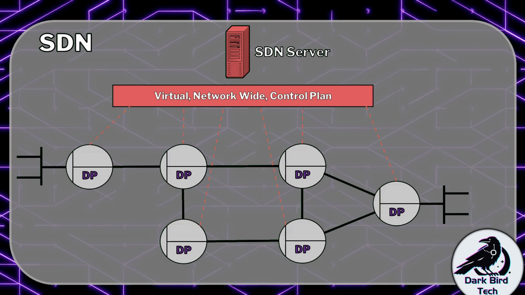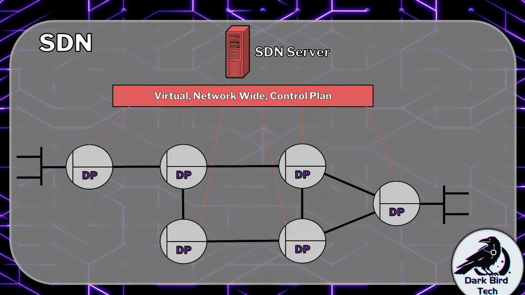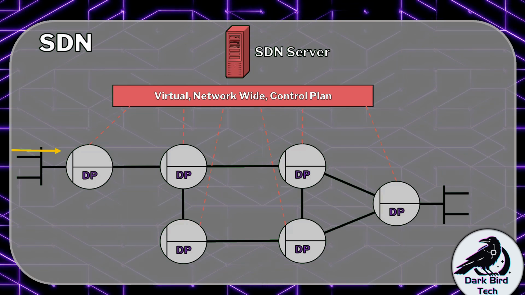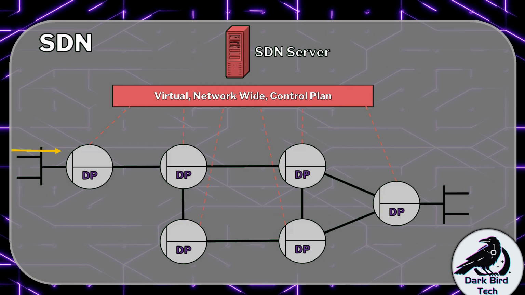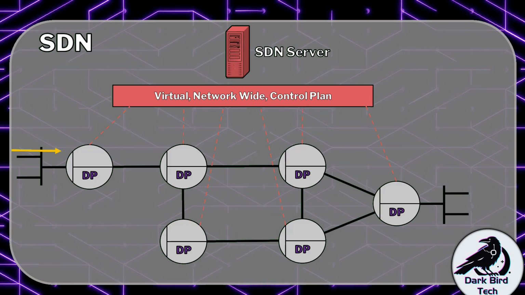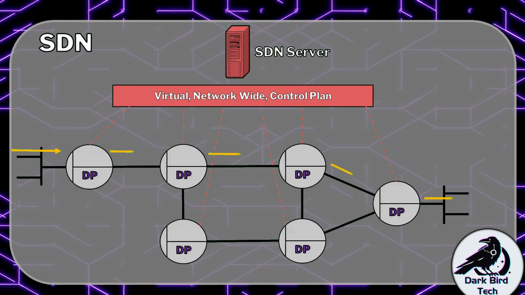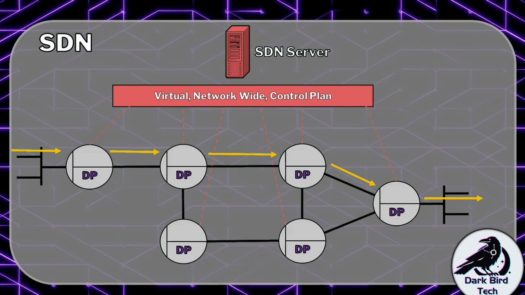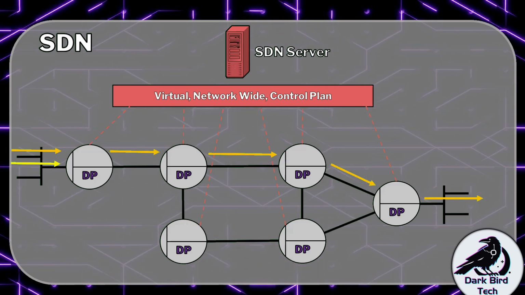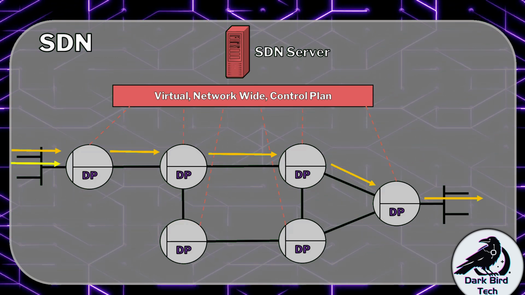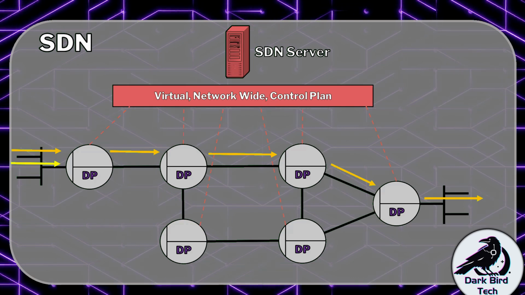So just to give you a quick visual, we can have the first packet arrive on an SDN enabled router. That SDN enabled router will then go and ask the SDN server, hey, how should I forward this traffic? And the SDN server can then instruct all these routers to forward the traffic along this pathway. Then when the second packet arrives for the same session, that router can go and ask the SDN server, hey, do you still want me to forward this through the same route, or do you want to change it up?